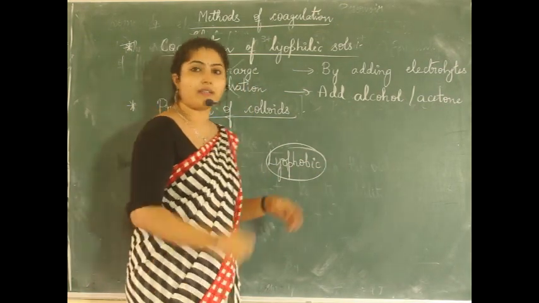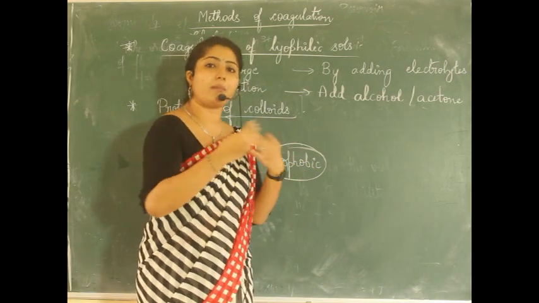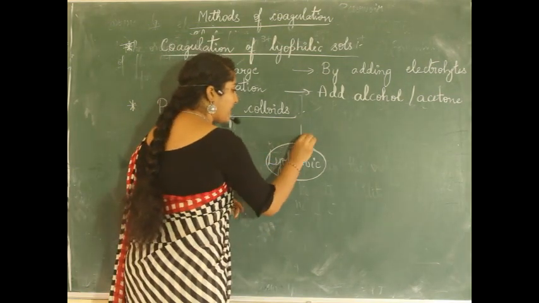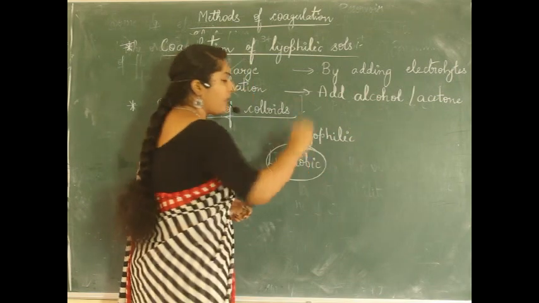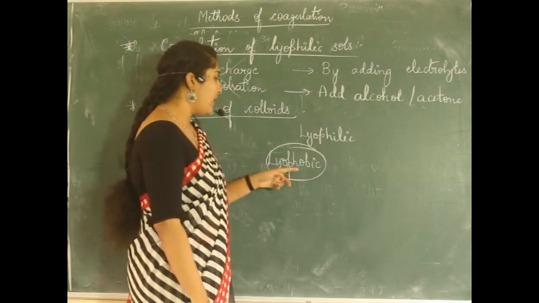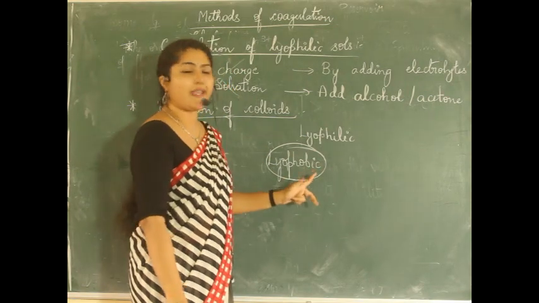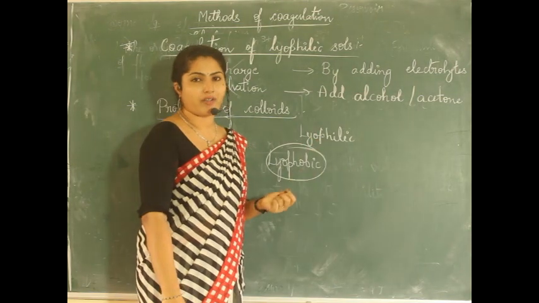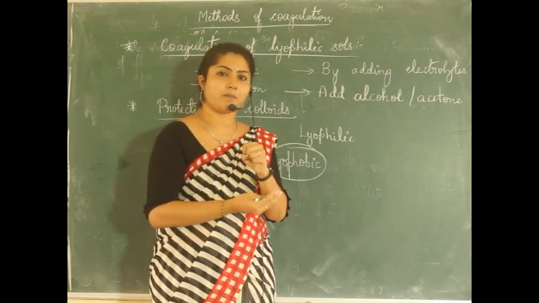It hates water. It doesn't want to come in contact with water, so it always tries to remain away from water. The other one is lyophilic colloids. Now what happens? These lyophobic colloids can be protected by lyophilic colloids. So these lyophilic colloids form a protection layer around it.